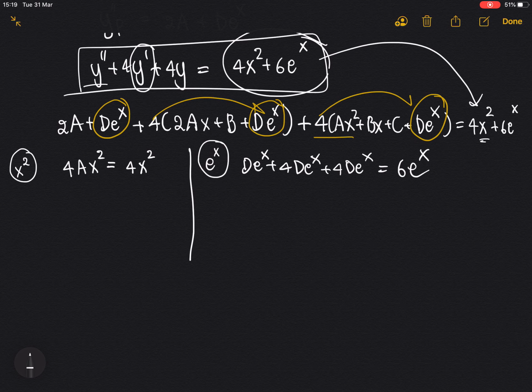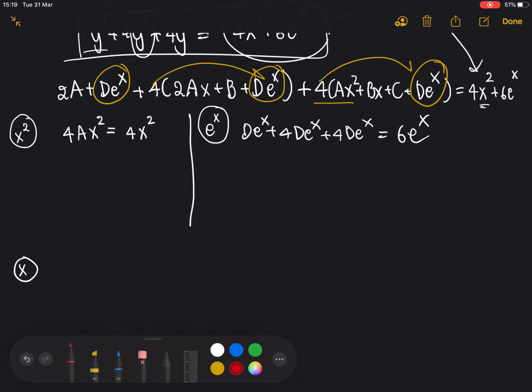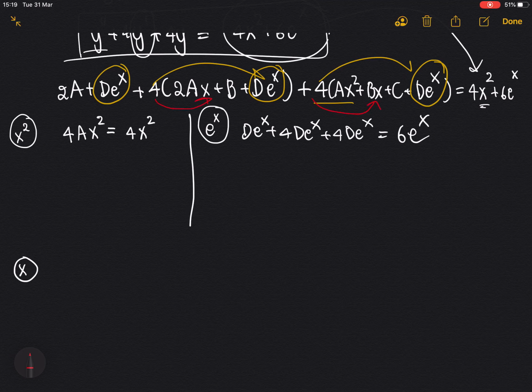Alright. And then next we have to find the x terms. So you have to find the terms that consist of the variable x on both sides of the equation, right? So if we take a look carefully, we can see that we have 4 multiplied with the bx terms, okay?